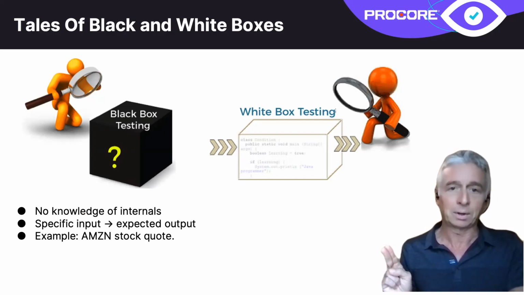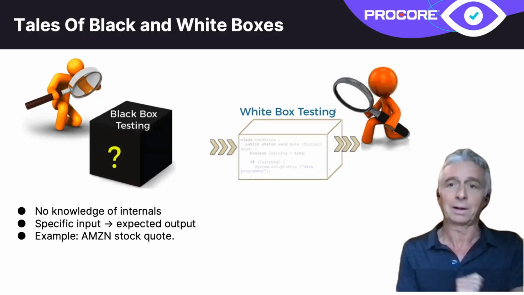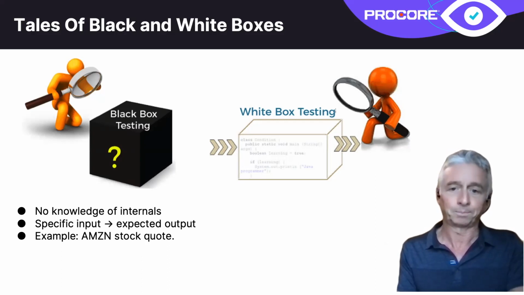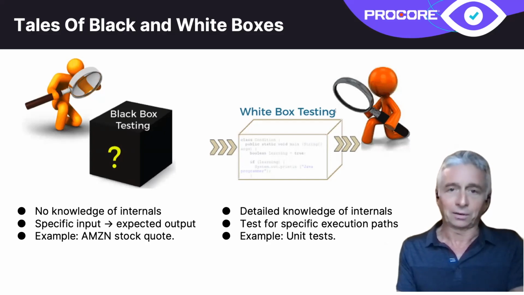A given input is expected to result in a particular output without any consideration to the processing steps. Common examples include end-to-end tests, such as getting a stock quote from a web service. White box tests, on the other hand, are designed with knowledge of and to test internal structures and workings of an application, for example, unit and integration tests.